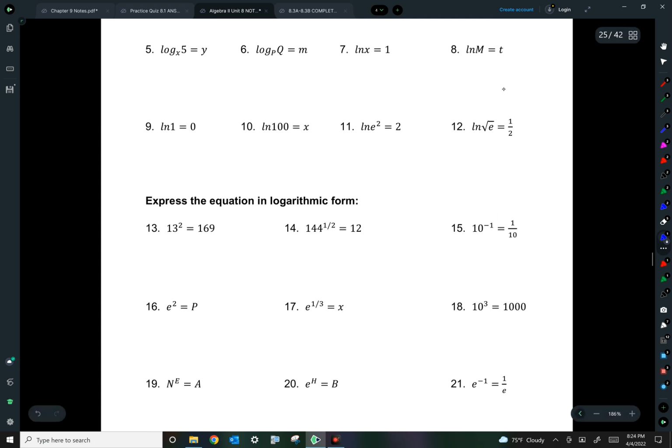So on number 13, if I'm going to change that to a log, I would say log base, well, the base is 13, of the answer, log base 13 of 169 equals the exponent. Okay, remember, the logarithm always equals the exponent, right? We're going to come back to that idea later. A log always equals an exponent. So if I were you, before you do anything, I would practice right now on number 14 and 15, okay, how to write that as a logarithm.